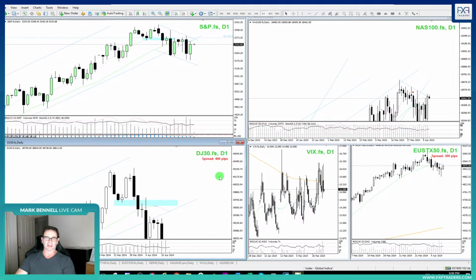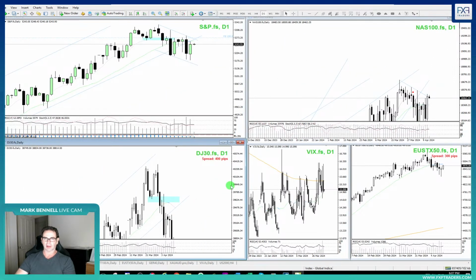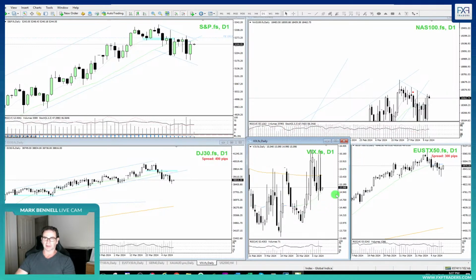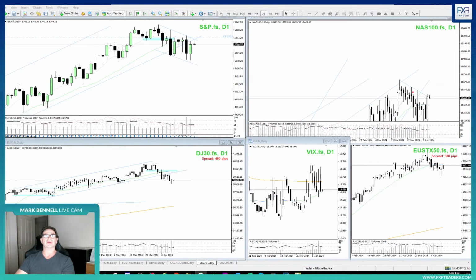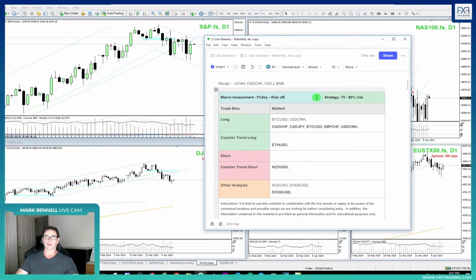So I've got some mixed signals there. The VIX, rather, is just pulling back into the 20, a little bit of a bearish move yesterday. Let's see how that plays out. I'm still risk off, but I'm actually going to change that to risk off with caution.